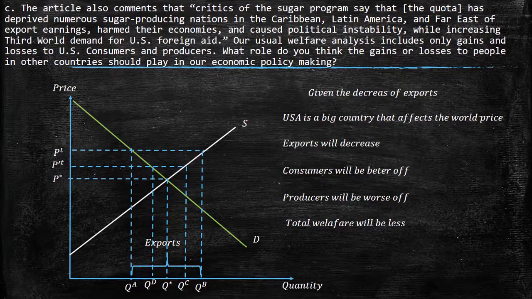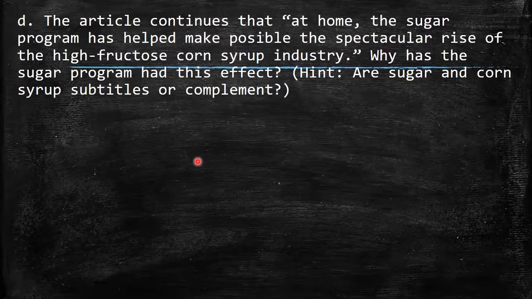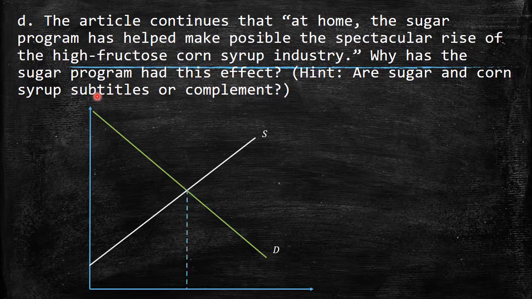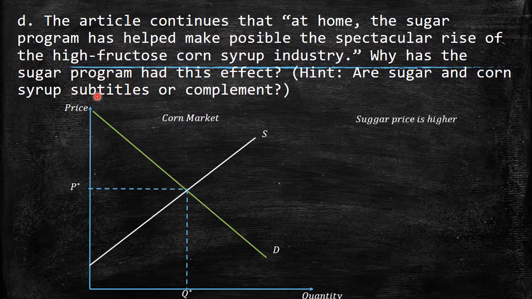So the next point says the article continues that at home the sugar program has helped make possible the spectacular rise of the high fructose corn syrup industry. Why has the sugar program had this effect? Hint: are sugar and corn syrup substitutes or complements? So this one is the case. We have here the corn syrup industry, with the supply and demand curves, and the Q star and P star. This is the corn market.